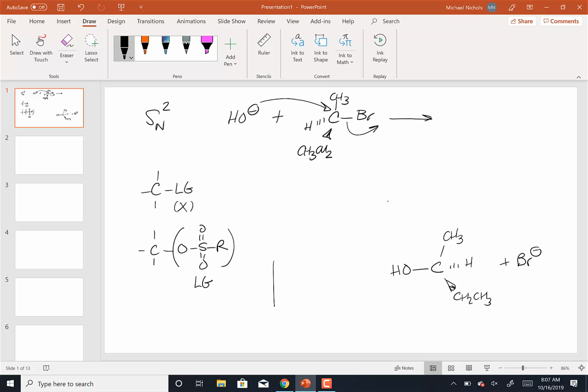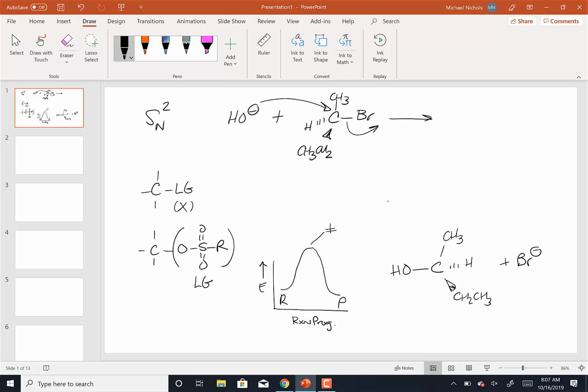In an SN2 diagram, you go from having reactants to the highest possible energy structure, which is your transition state, and then you go down to form the products. This is an energy plot, so your energy is going up, and what's called reaction progress is on the bottom.